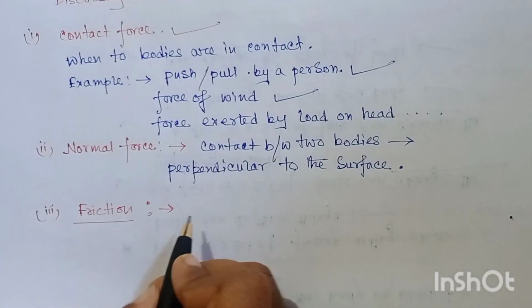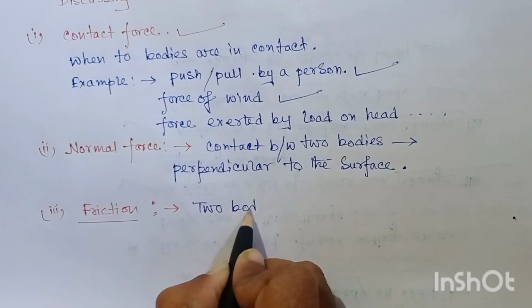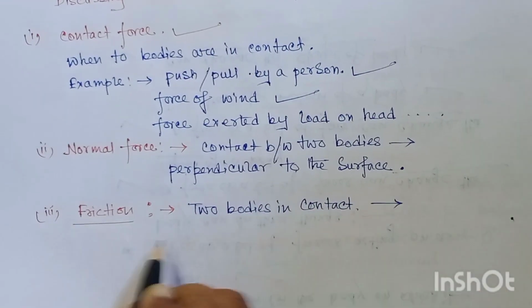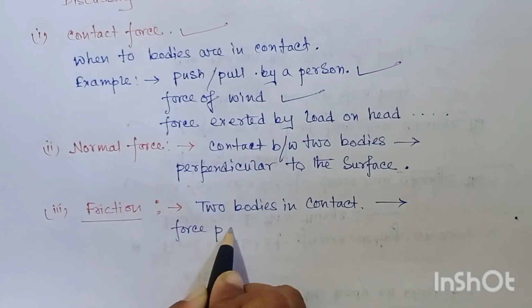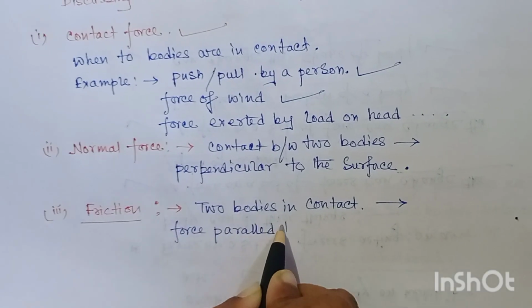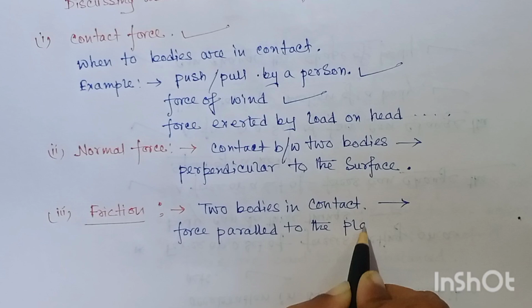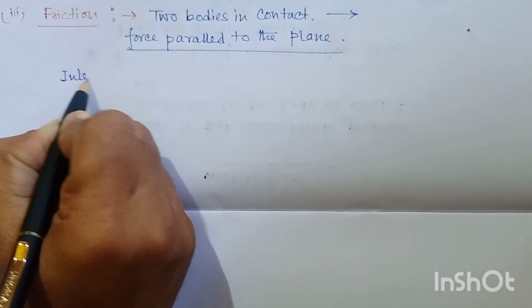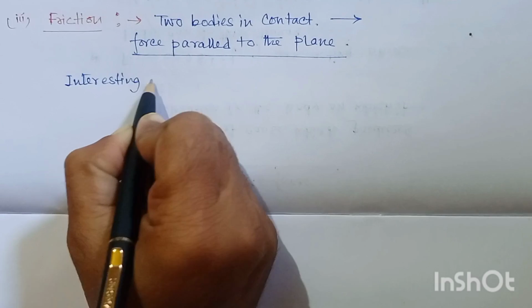Now it's friction. Two bodies are in contact, and when the force is acting parallel to the plane, it is friction. Consider a book placed on a horizontal table, and if you try to push the book gently with your finger, the book does not move.